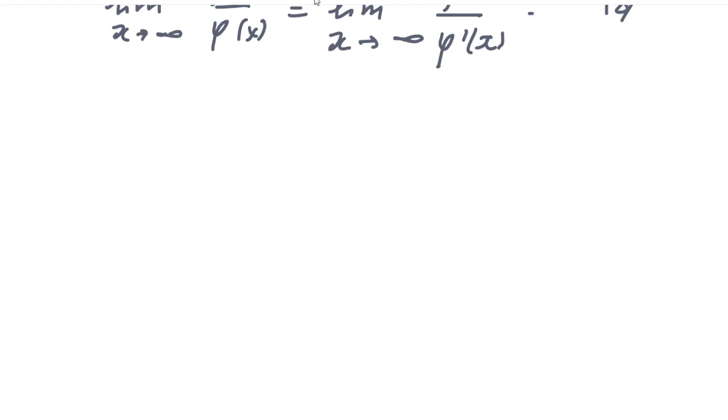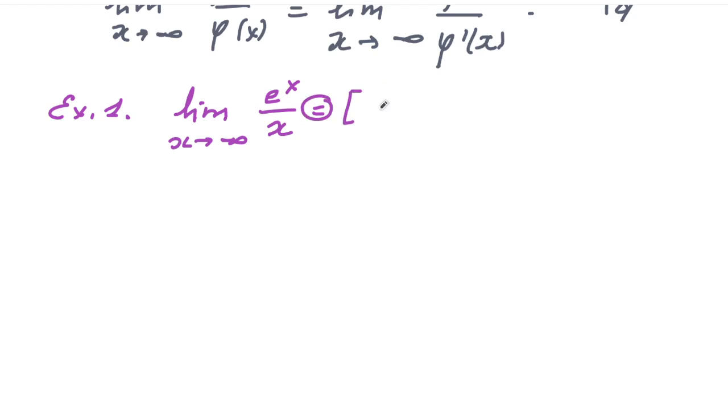Consider the example. Example 1. Find limit as x approaches infinity of e to the power of x over x. We have indeterminate form infinity over infinity.